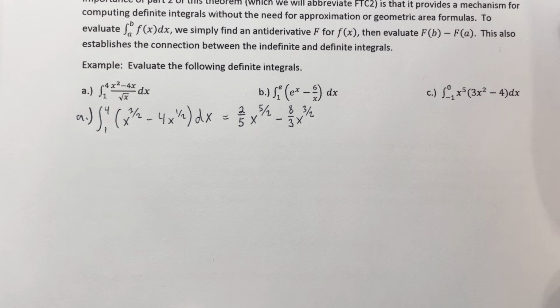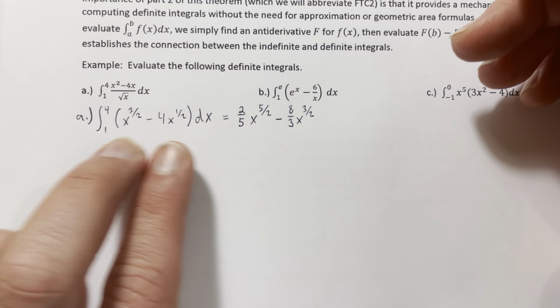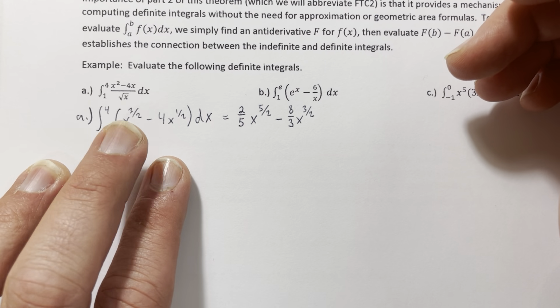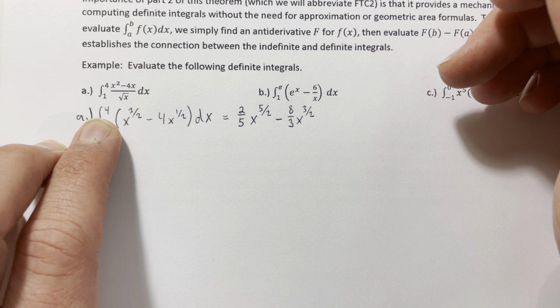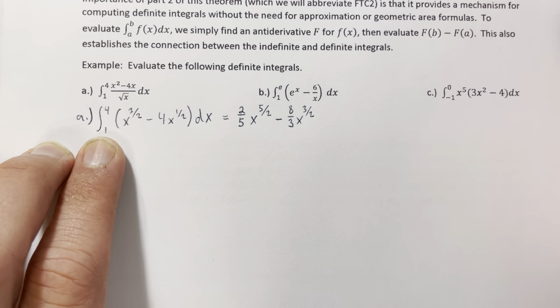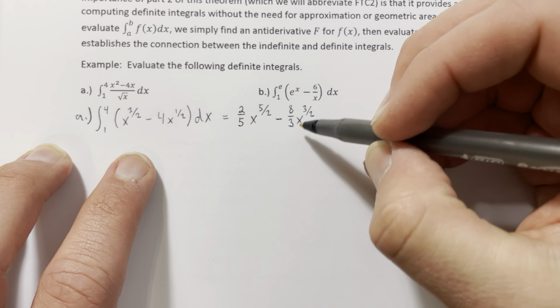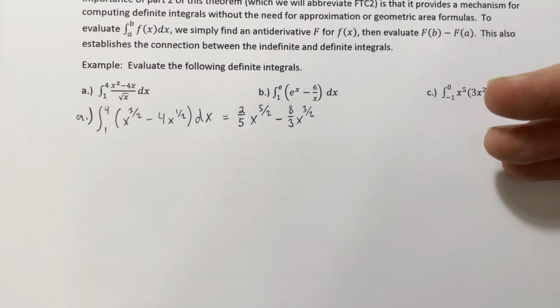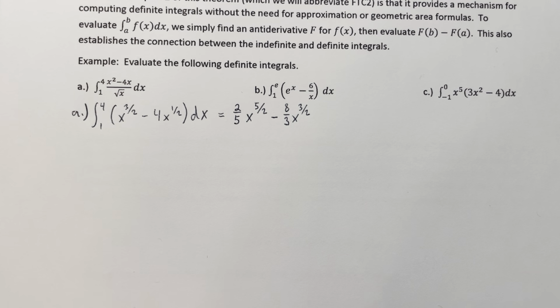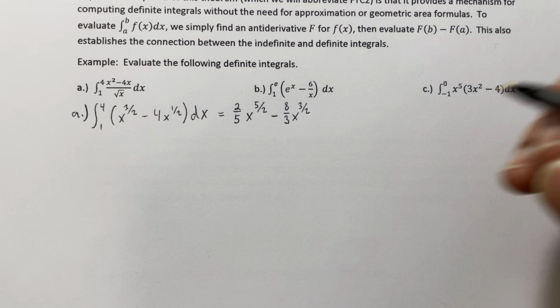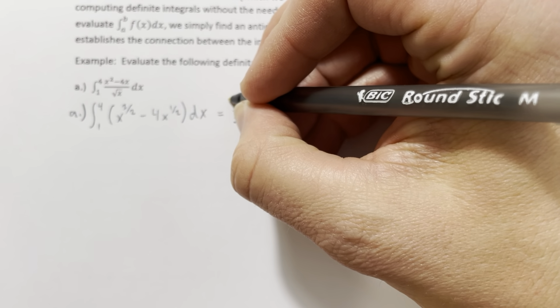Now, this is an antiderivative for this integrand. But now what we want to do is show that we're going to use these limits of integration with the fundamental theorem of calculus to get an actual number out of this. Remember, this should represent an area under a curve, which should come out as just a single real number, not a function. So here's how we do this.